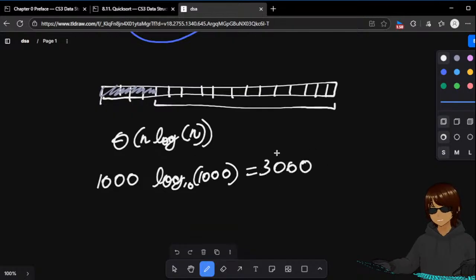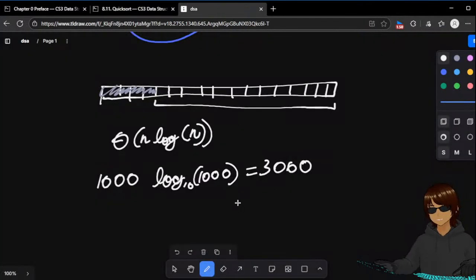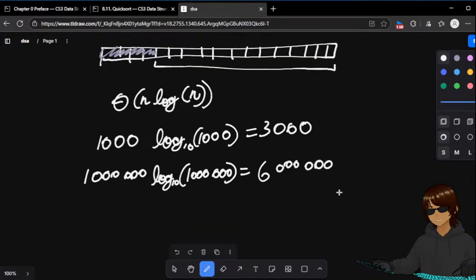So 3000 operations are computed in 1 second. If I do 1 million, log base 10 is 6, so I got 6 million.